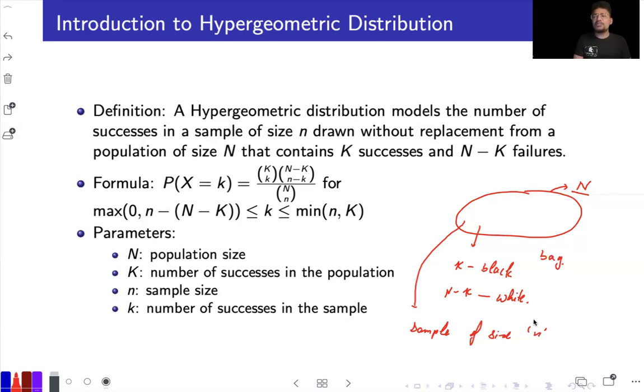And the idea is that it is without replacement, so you are going to get these observations without repetition or replication. Now X counts the total number of successes. So when you take out n observations from this bag, we are interested in X, a random variable that counts the number of black balls.